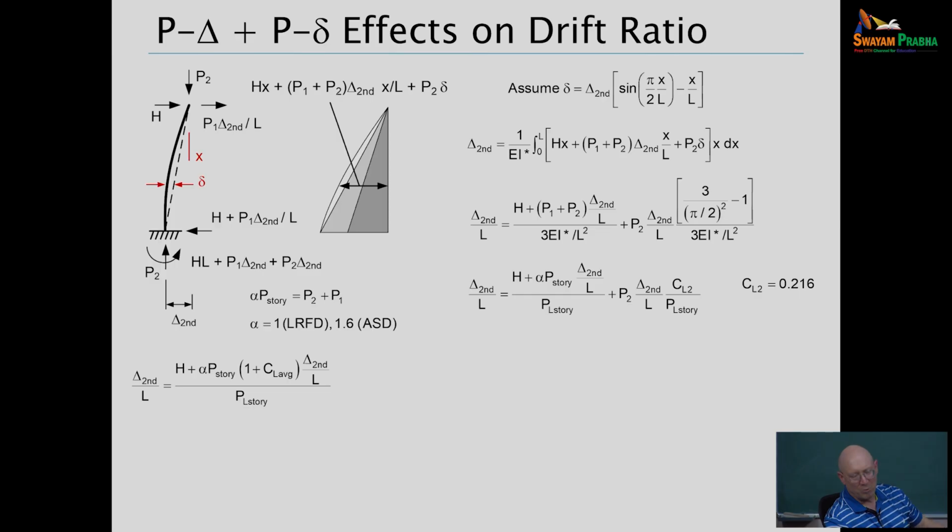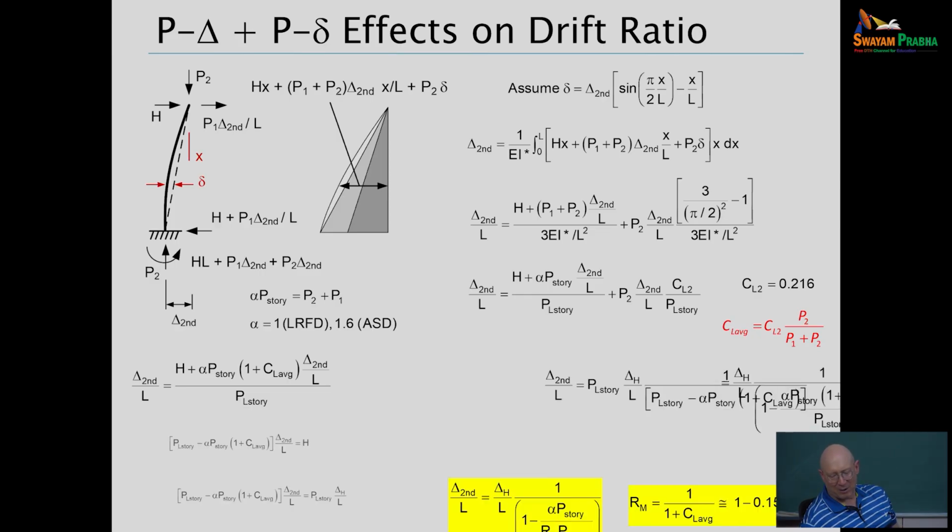So let's convert the equation we were just looking at to the form you see now in the lower left, where we have an alpha P story times 1 plus an average of the CL terms over all the columns in the story, and then times delta second over L. What would be the CL average in this particular case? It would be CL2 times P2 over P1 plus P2. You could say that's a weighted average, actually.